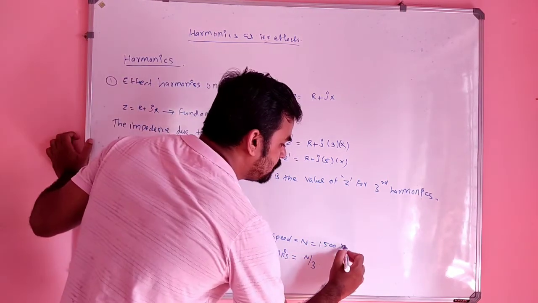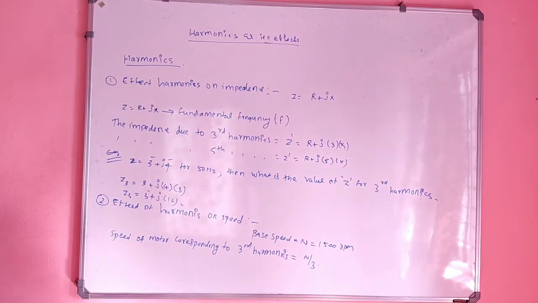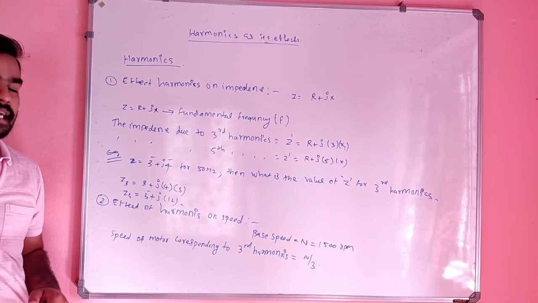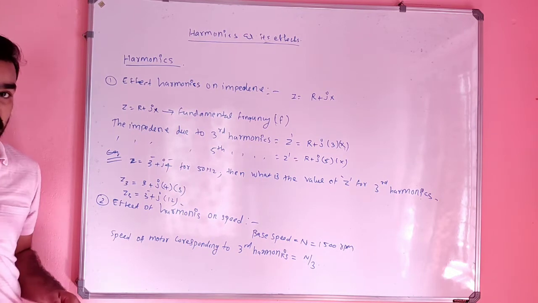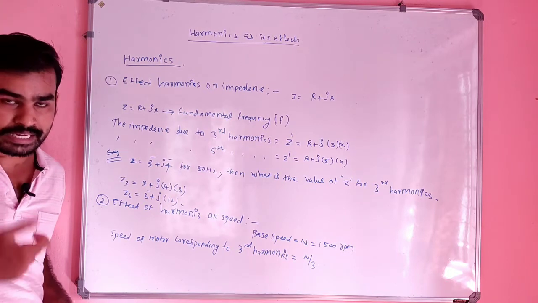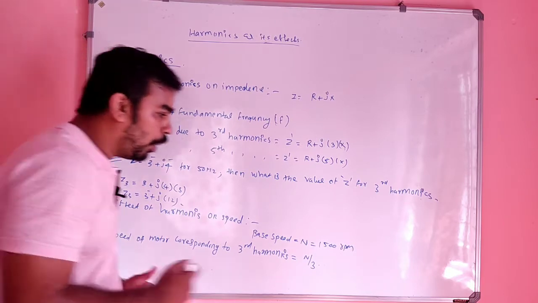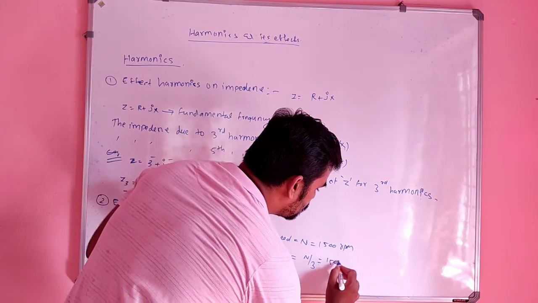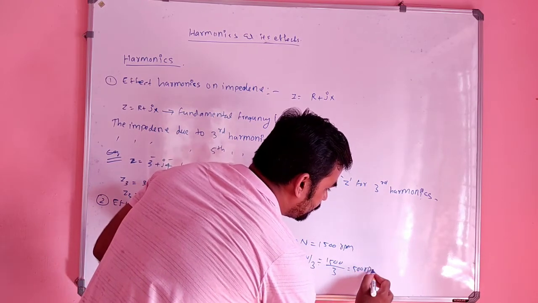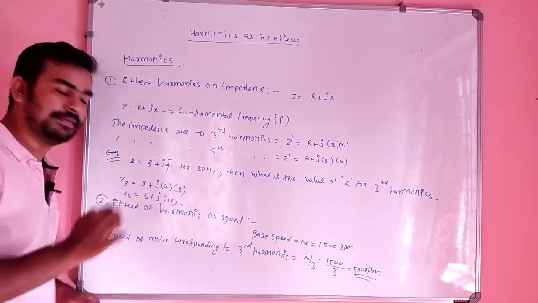If there is some influence of the third harmonic, the harmonic will try to run the machine at a speed of 1500 by 3, which is nothing but 500 rpm. So this is the effect of harmonics on speed.